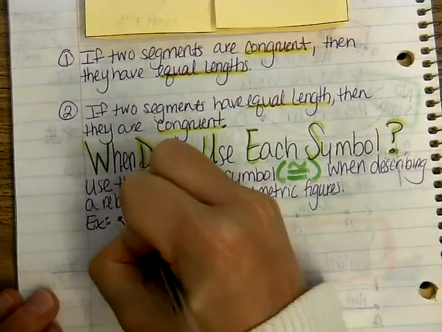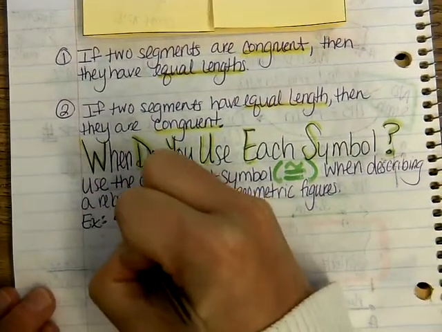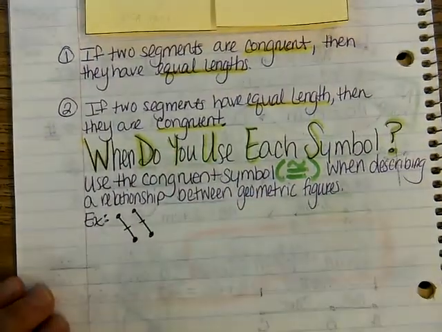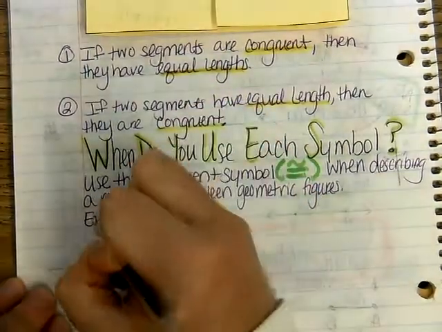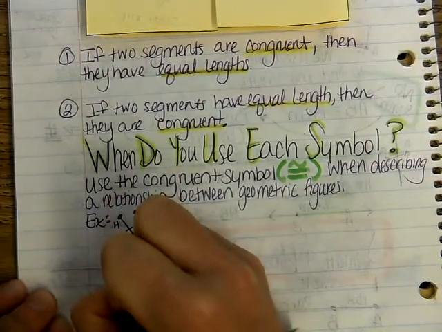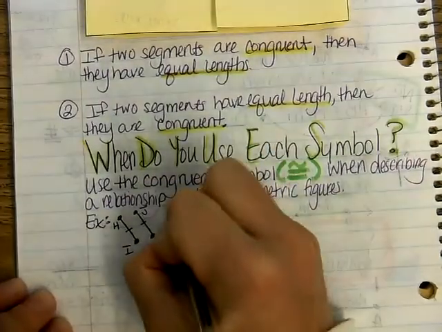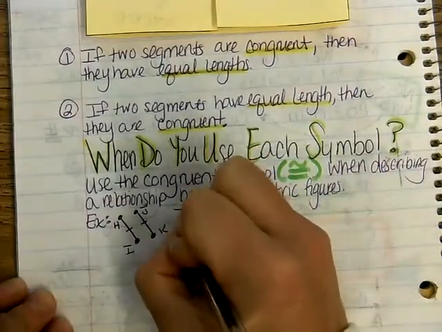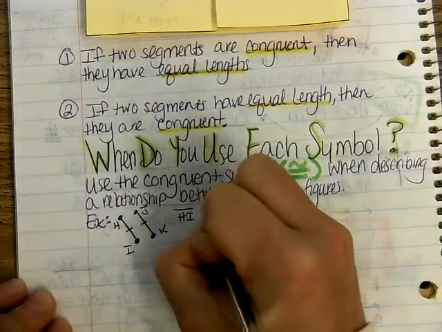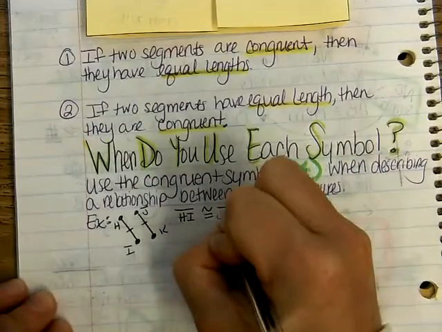So I'm just going to draw two segments equal in length, and you're going to see a symbol on each one. And I'll call this H, I, J, and K. And we would say that segment HI is congruent to segment JK.